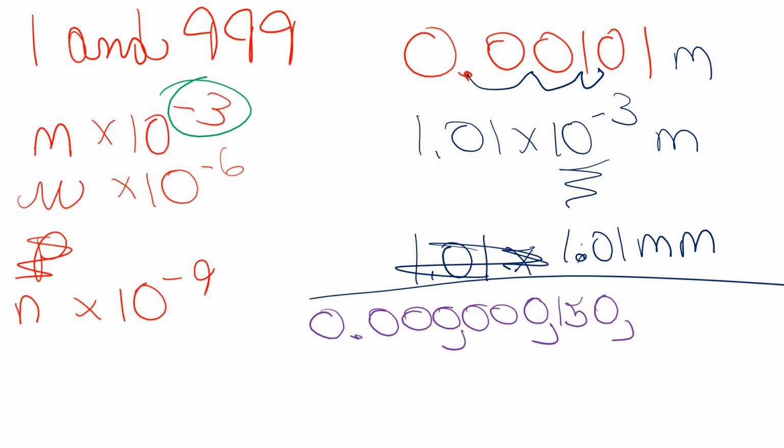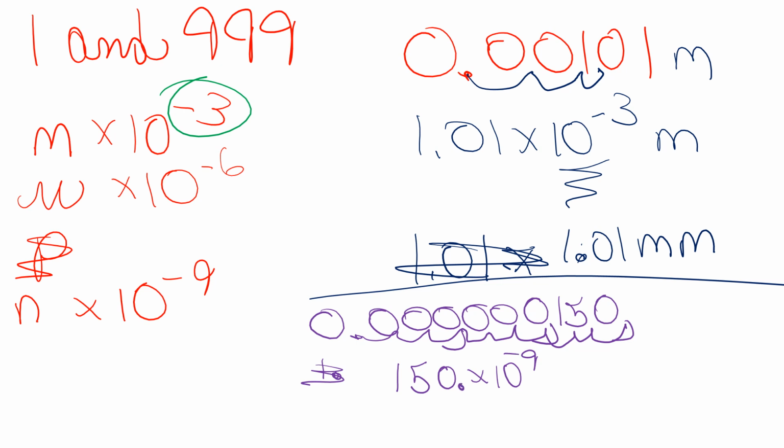So here we have 1, 2, 3, 1, 2, 3, 1, 2, 3. That's moving that 9 times. So we have 150 times 10 to the negative 9th.